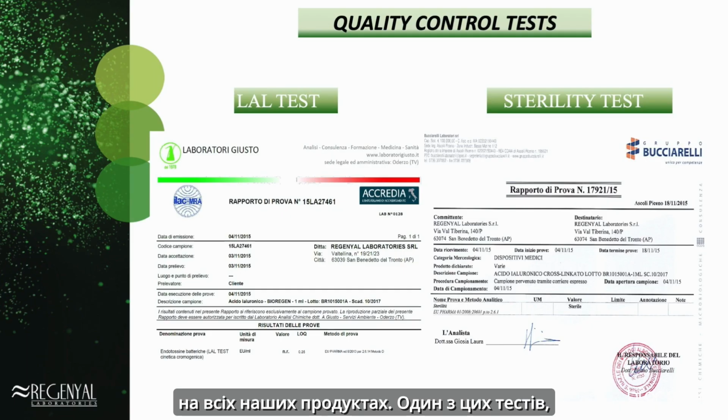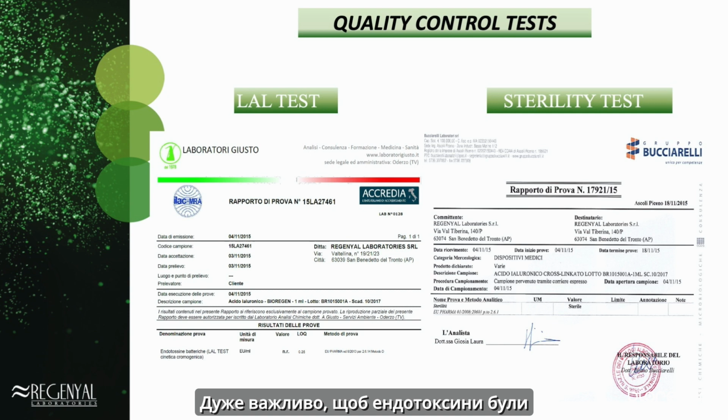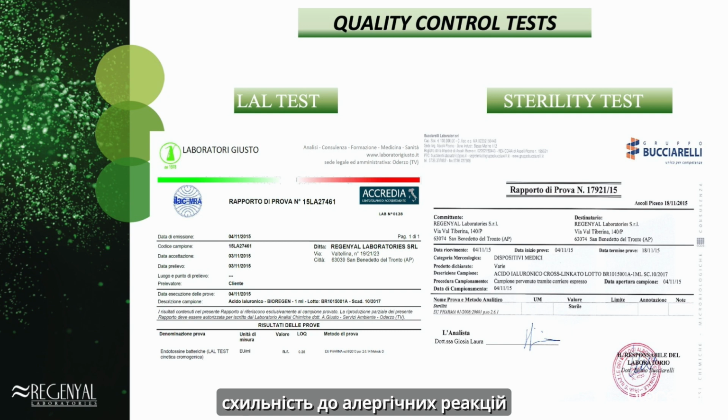One of these tests, and an extremely important one, is the LAL test, the bacterial endotoxin test. It is very important that endotoxins are absent in the product because they can give rise to allergic reactions and skin sensitization reactions. In addition, all batches must undergo a sterility test before being placed on the market.